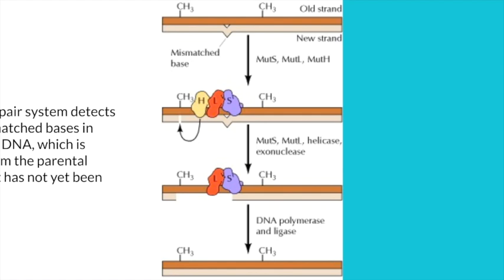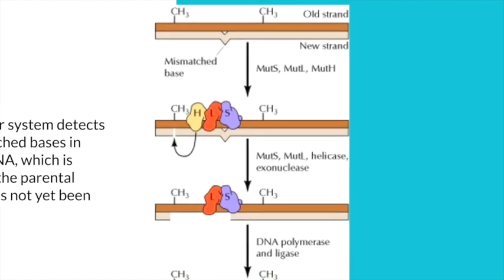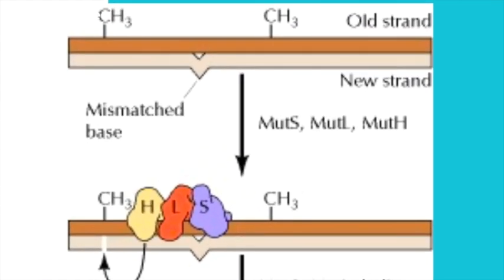So this repair system, which is working on the basis of three proteins named MUT-S, MUT-L and MUT-H, the first thing that they do is they identify the position of mismatch. Once they identify the position of mismatch, they adhere to this position and they identify a particular site or a particular sequence on the new strand of DNA, and that particular sequence is GATC.